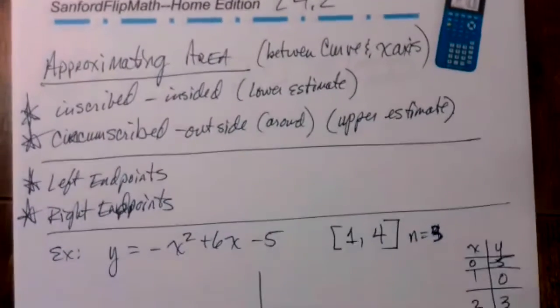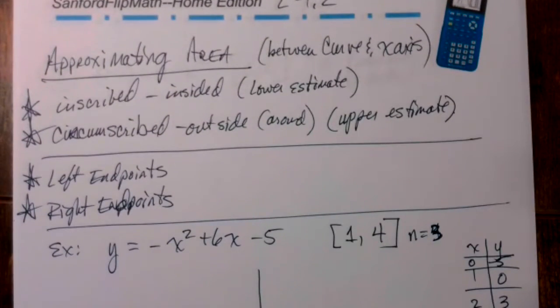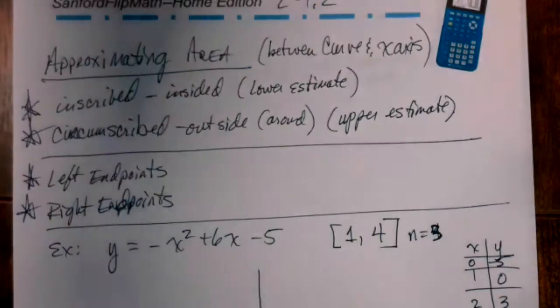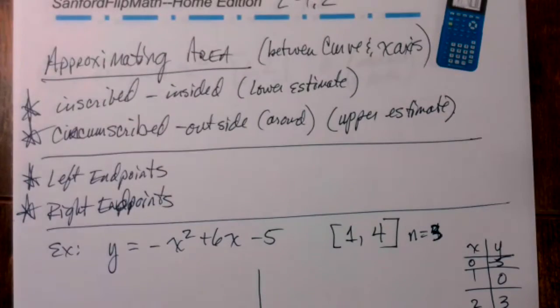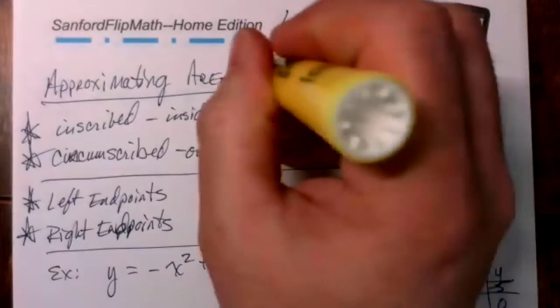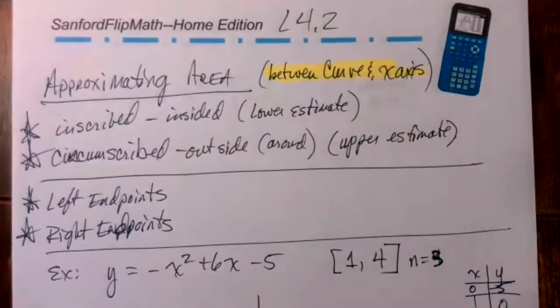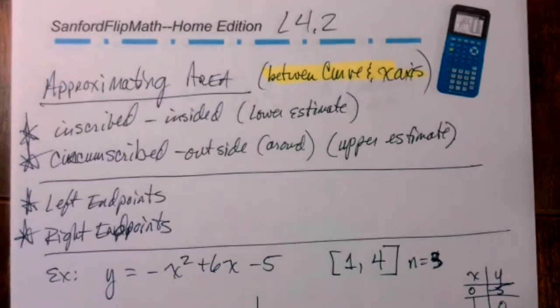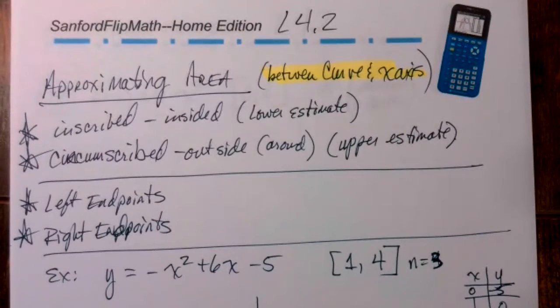The reason we're going to do this is because we are going to be adding up areas to find areas. What we're going to try and do is look at ways to find the area between a curve and the x-axis. Right now we're going to approximate area. We will let this evolve into finding an exact area.